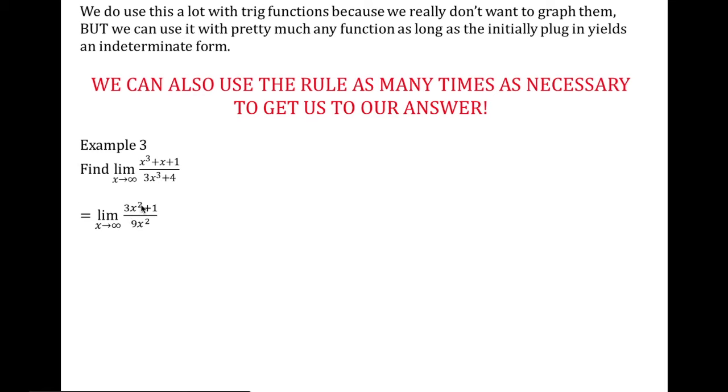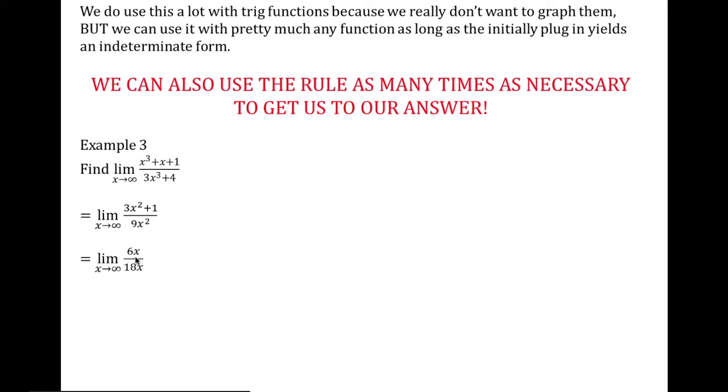So I already took the derivative once here, but I'm going to apply L'Hopital's rule again. So take the derivative again. The derivative of this is 6x. The derivative of this is 18x. Now you could simplify these x's out, because plugging in infinity once again gives you infinity over infinity.